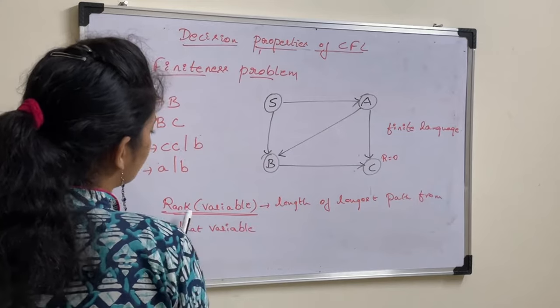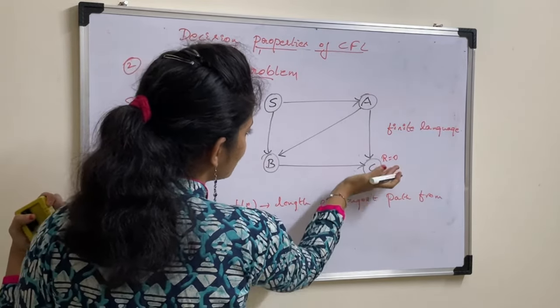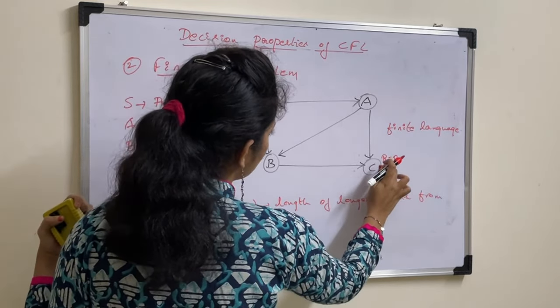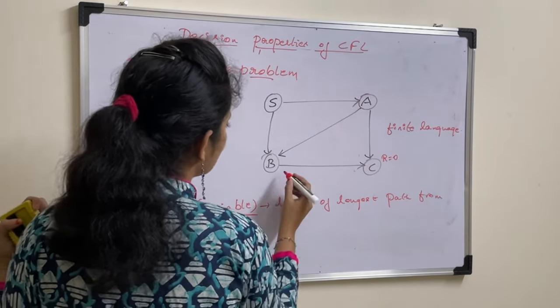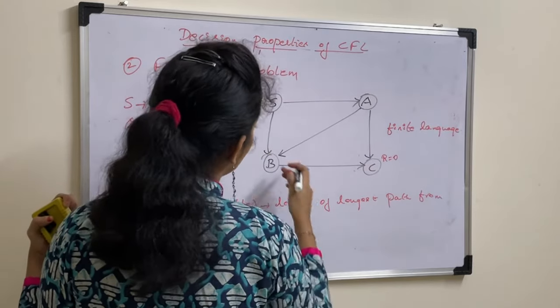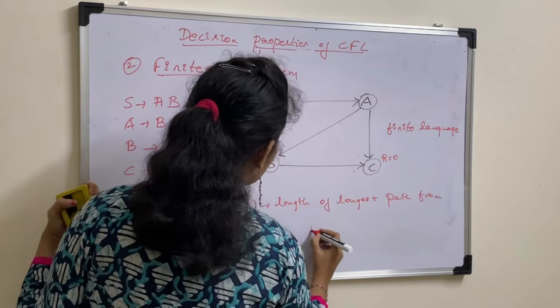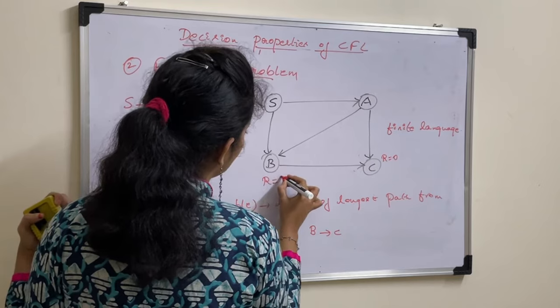So how to find the rank? You need to check if there are any outgoing edges from the node. There are no outgoing edges from C, so the rank of C is 0. Now check B. From B there is an outgoing edge to C. Anything else? No. It has only one path, B to C. So the rank of B is 1.